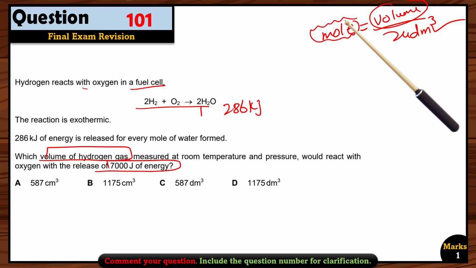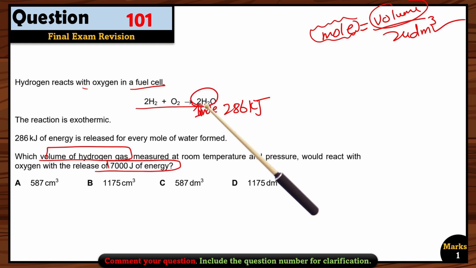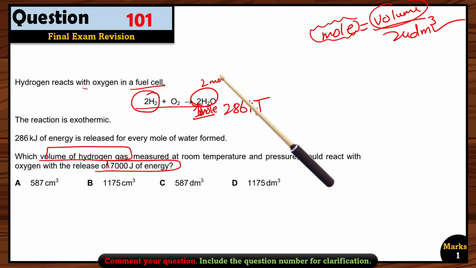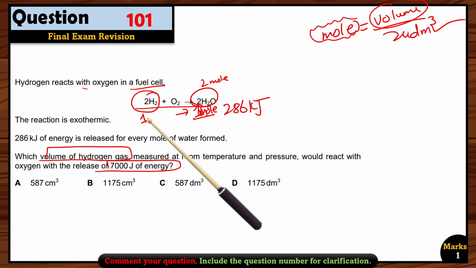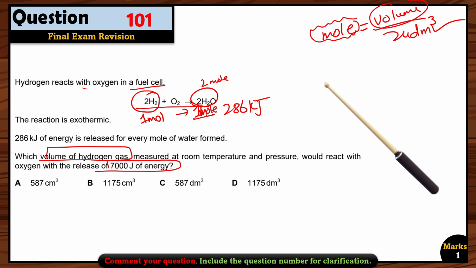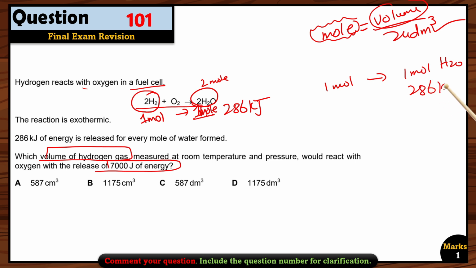Because they already told you 286 kilojoule of the energy will be given with 1 mole of the water, right? If you use 2 hydrogen moles, you are going to get 2 moles of the water. So if you use 1 mole, then you will also use 1 mole of the hydrogen. I hope this is clear. So 1 mole of hydrogen, if used, you will get 1 mole of the water and the energy will be 286 kilojoule.